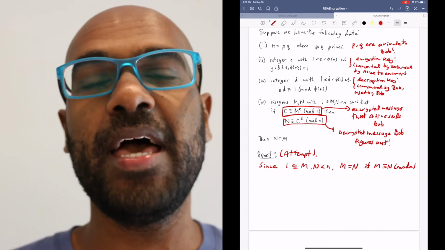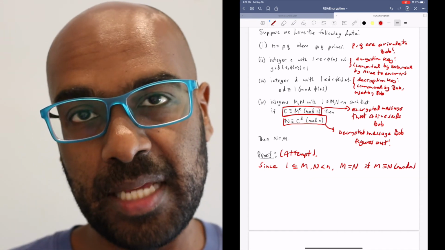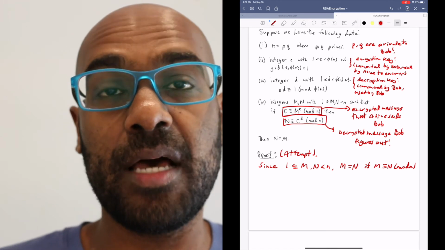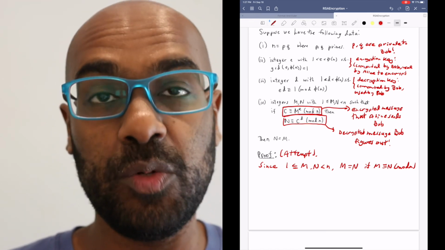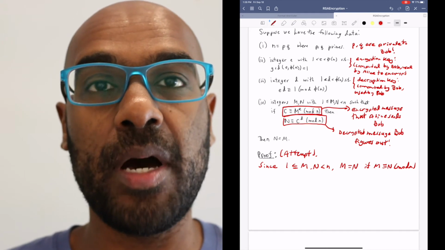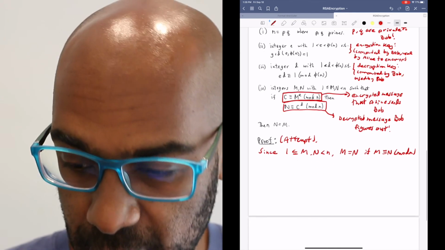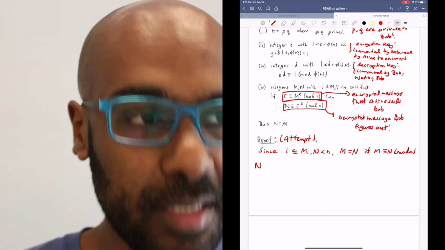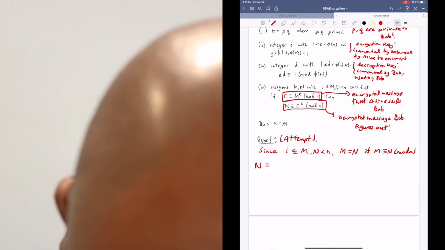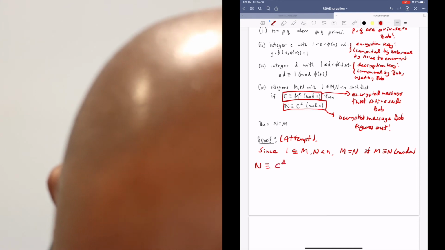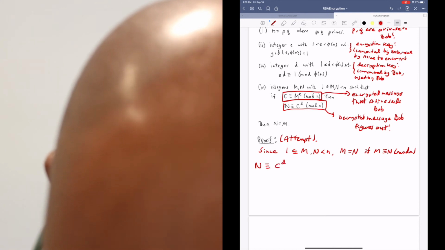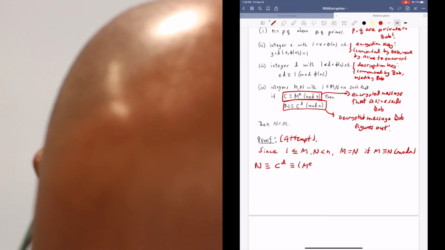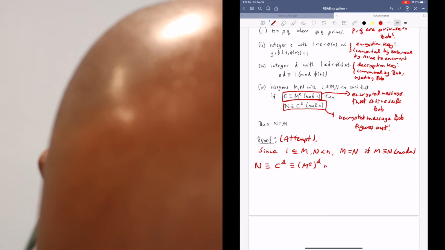For example, if n was like 100, and we have two numbers between 1 and 100, and we're saying they're the same mod 100, they actually have to be the same because they're small numbers compared to 100. Okay, so we might think something like this. N is the number that we end up with, and that's congruent to C to the D, mod n. Okay, but C is itself congruent to M to the E, so this is congruent to M to the E to the D, mod n.